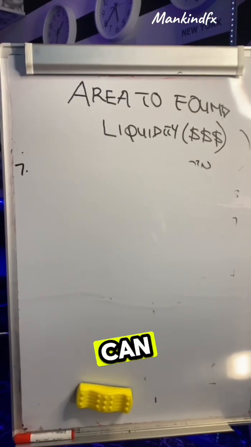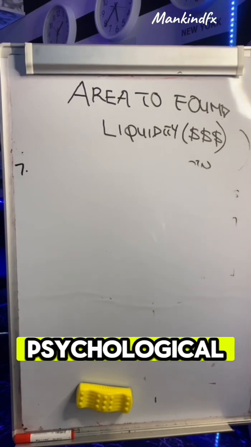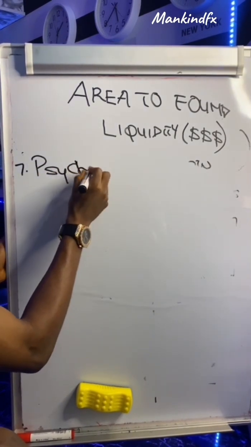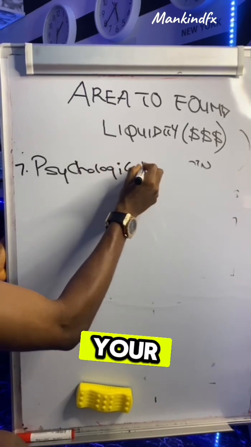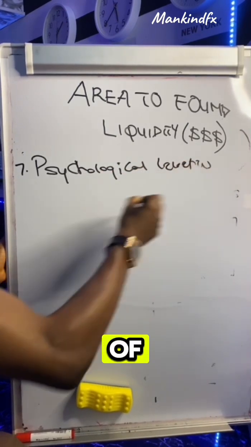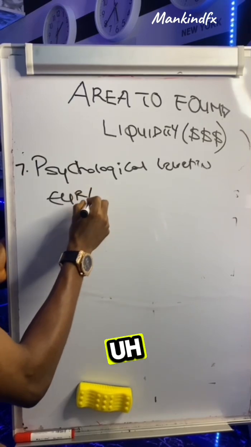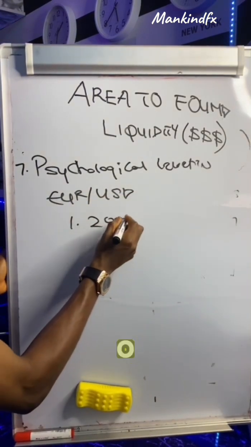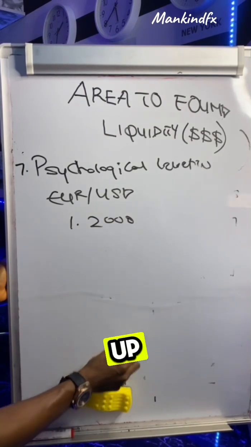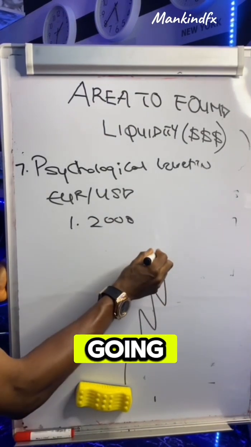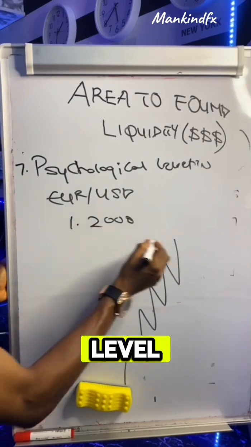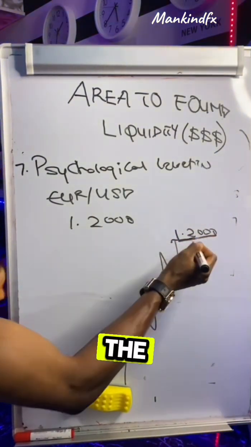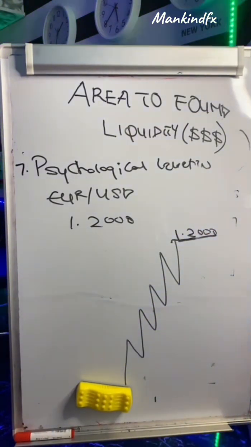The seventh area where you can spot your liquidity is your psychological level. In the case of EURUSD, I think the psychological level is 1.2000. So if price has been going up and gets to the psychological level of 1.2000, this area is your area of liquidity.